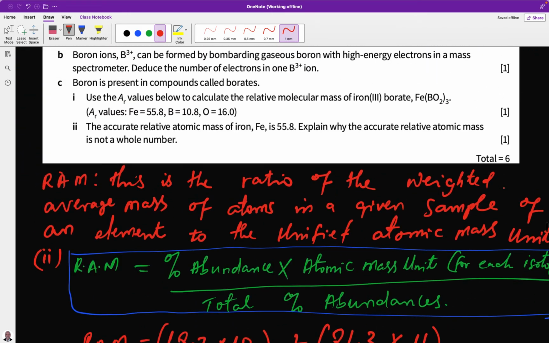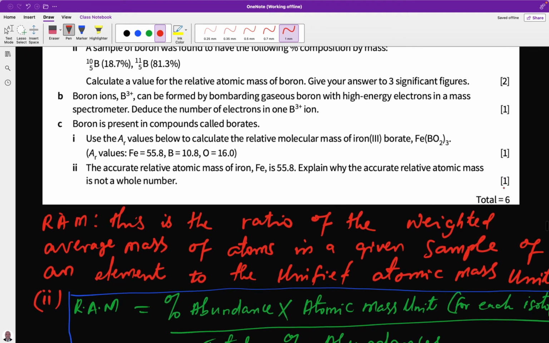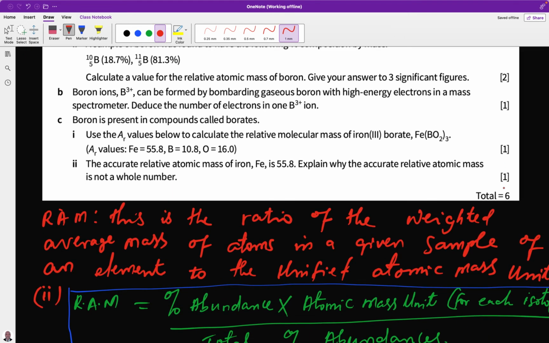It takes us to the B part of the question. The B part of this question is telling us about boron 3 plus.